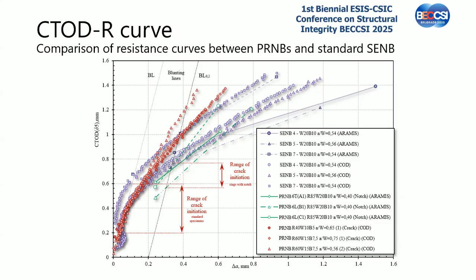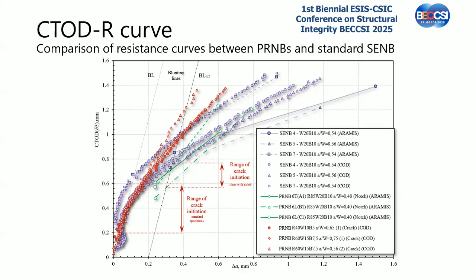The intersection between the J-R curves and this blunting line is about 1 millimeter. And here the minimum for initiation is about 0.75 millimeters for this material. But here we talk about initiation for the standard specimen in this range, and this here is the range of crack initiation for the pipe ring.